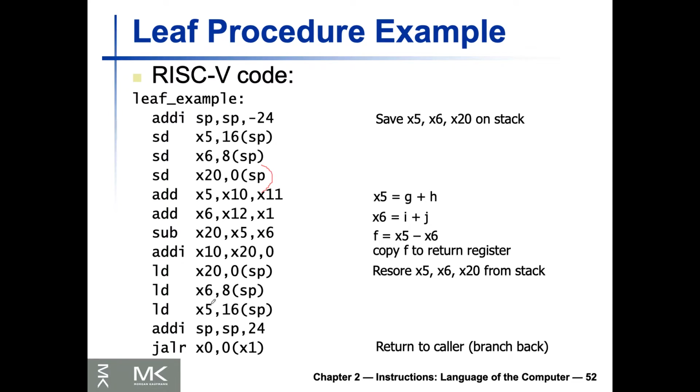Which line? The SD, like fourth line. Here. So what does this 0 mean? Whenever you have some value before the parentheses in many of the operations, it is referring to the address of the memory. So this is address 16 in your SP, this is your address 8 in your SP, and this is your 0.